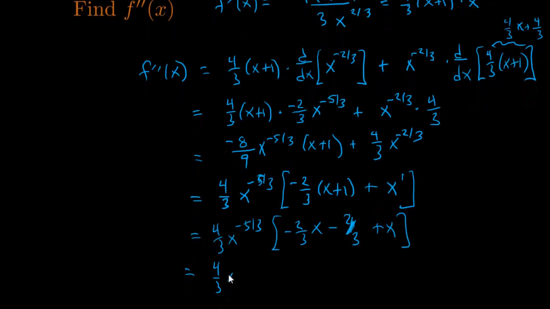So 4/3 x to the negative 5/3. And then we're going to get negative 2/3 x plus x. That's a positive 1/3 x, minus 2/3. Alright, so here is our second derivative.